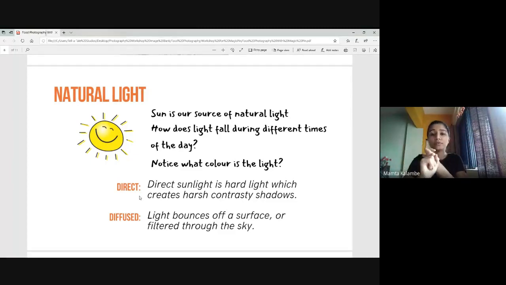Now coming to diffuse light. Diffuse light is when you are indoors and shooting next to a window and there is a good amount of light coming into your house, but it is not direct light falling onto your subject. Basically, in diffuse light the sunlight outside is hitting different surfaces, bouncing off from those surfaces and then coming into your house.